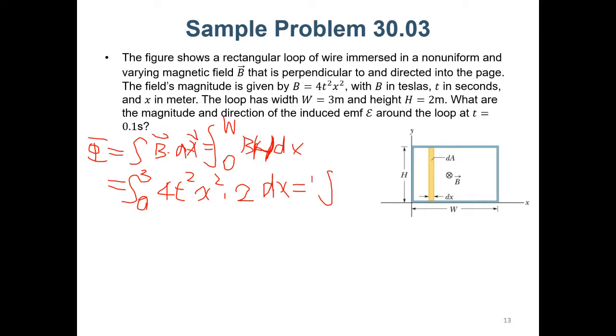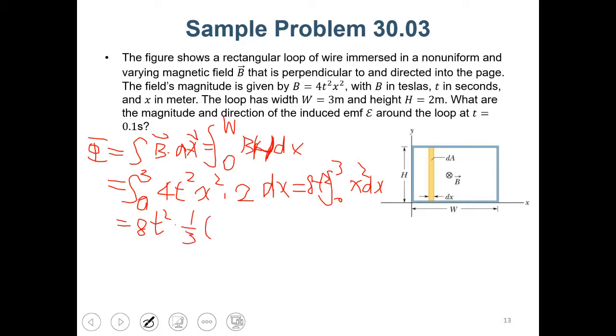It is 8t squared, integral from 0 to 3 of x squared dx. So it will be 8t squared times 1/3 times 3 cubed minus 0 cubed. So it will be 72t squared.